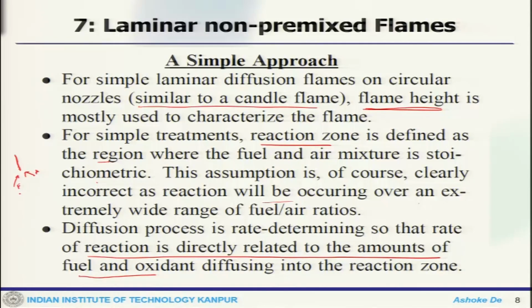That primarily happens because we inject fuel and oxidizer, or the air, separately into the system. So how quickly they diffuse into each other will determine the rest of the reaction characteristics.